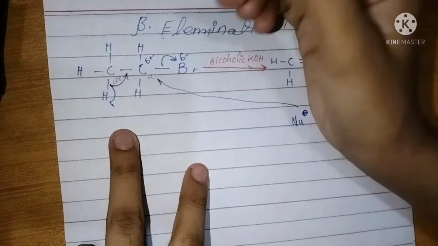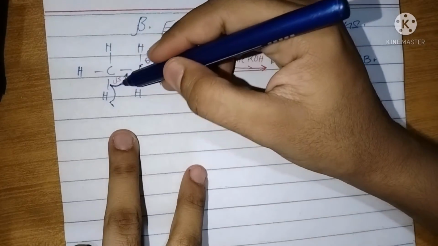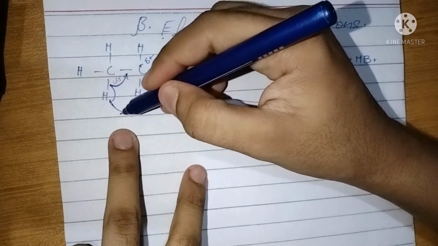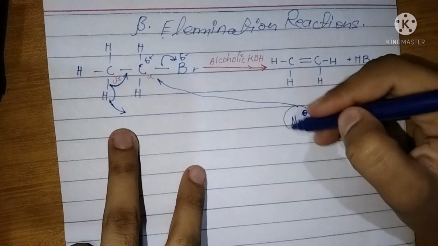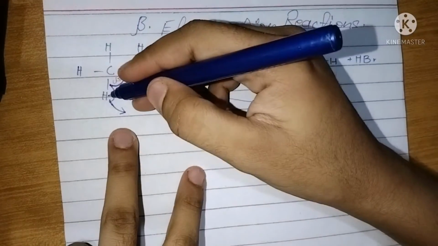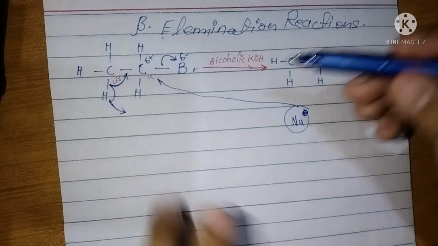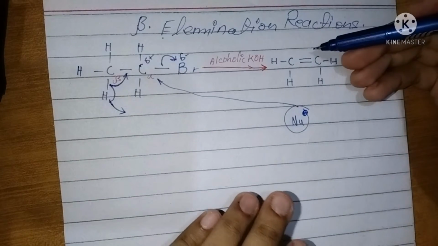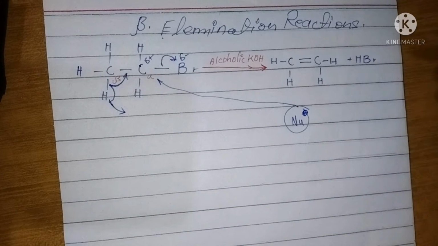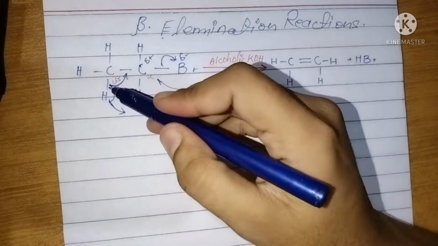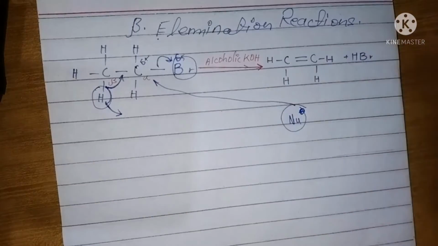This electron pair is going to shift, this hydrogen is going to be removed, and this nucleophile is going to make a bond with this hydrogen. After that we will get an alkene molecule, and this hydrogen and this bromine are going to give us HBr. Like nucleophilic substitution, elimination can also follow E1 or E2 mechanisms.